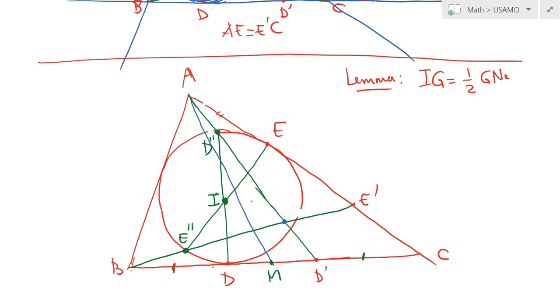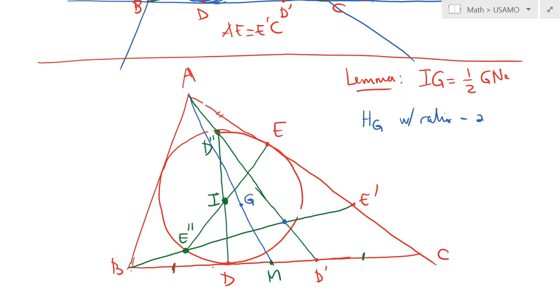So where is G located? G is on AM, but I don't know where G is exactly, so let's say it is somewhere here. The centroid is the center of a dilation with ratio of -2.